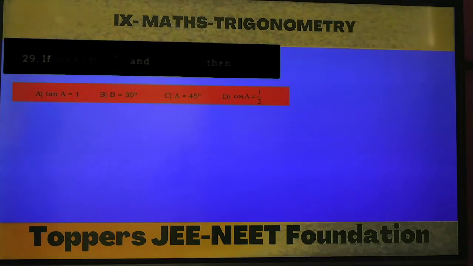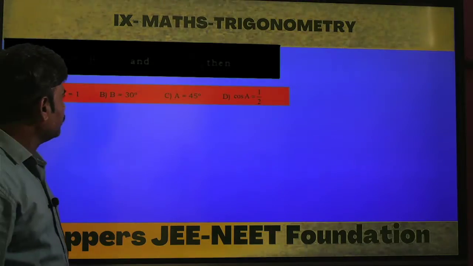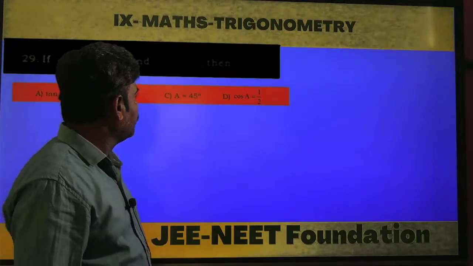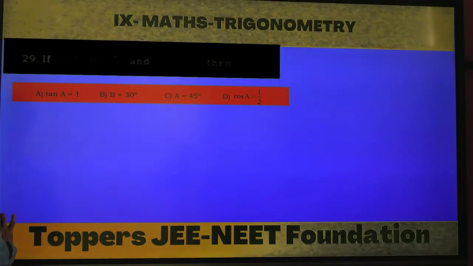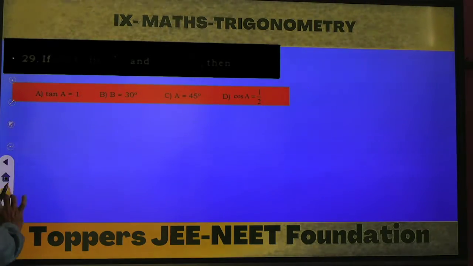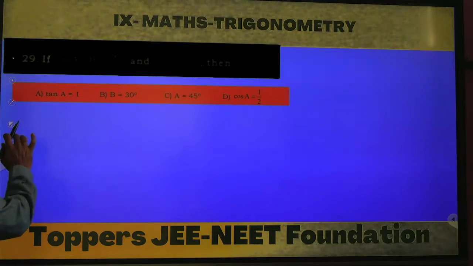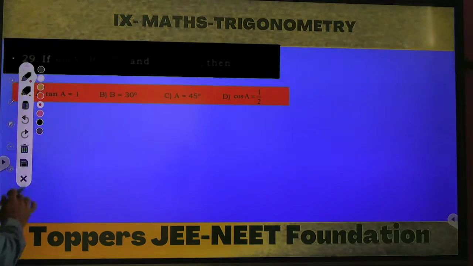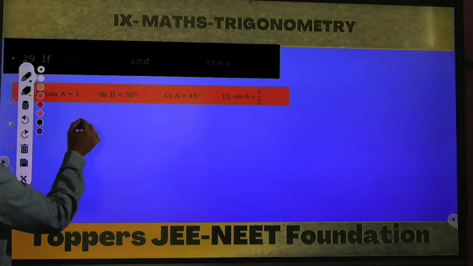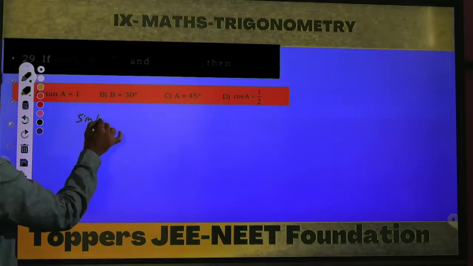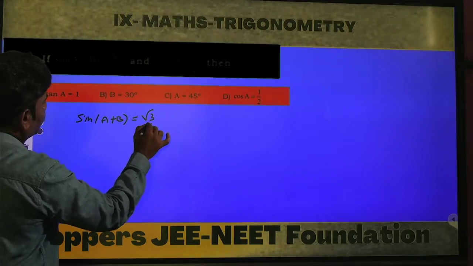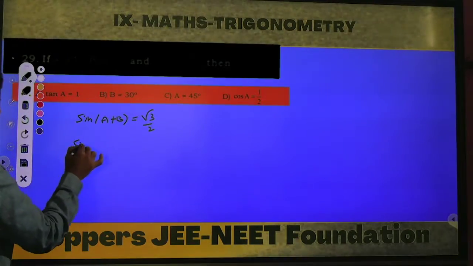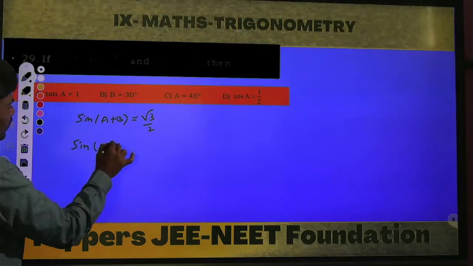If sin of A plus B is equal to √3/2 and sin 2B is equal to 1/2, then which of the following are correct? Right, sin of A plus B is equal to √3/2.